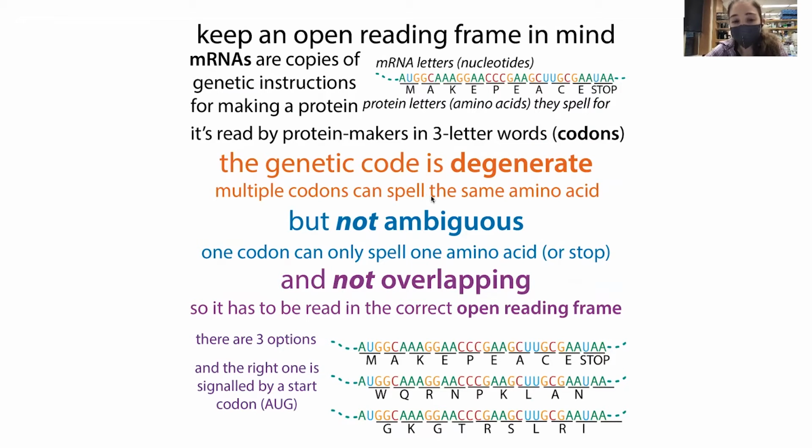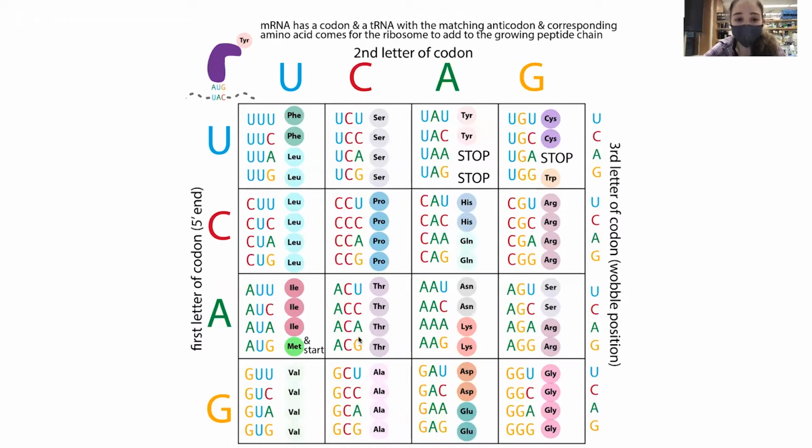So it's degenerate, which means that multiple codons can spell the same amino acid, but it's not ambiguous. So one codon can only spell one amino acid or stop, and it's not overlapping. They're read 3-letter, 3-letter, 3-letter. And you can look at a codon table, and you can see that there's this universally agreed upon code that's used by all organisms for the most part, where different 3-letter combinations spell different amino acids, and these are put in by those tRNAs.